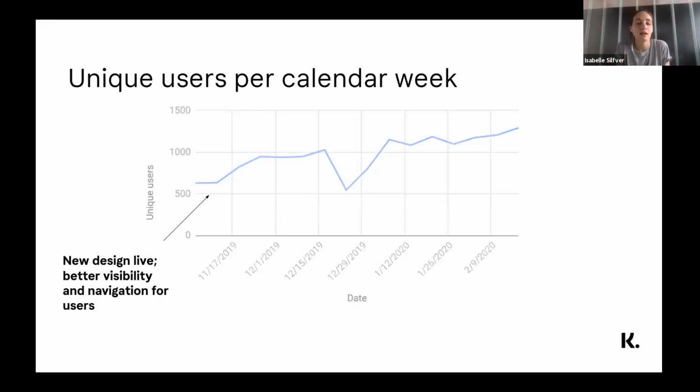For instance, we had a new design going live, which created better visibility and navigation for users. Before, our product was sitting below the fold on the home page, which was not what the user saw directly, which helped us understand that the product is probably attractive, but we're just not visible enough to drive engagement.